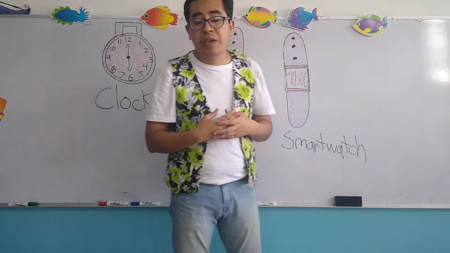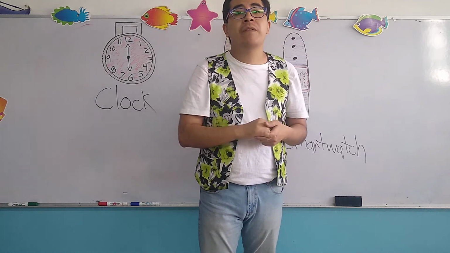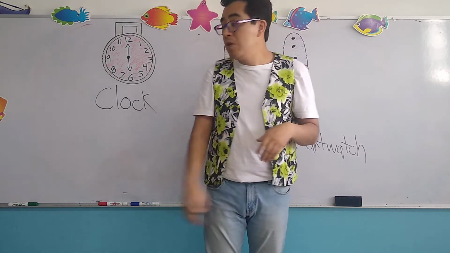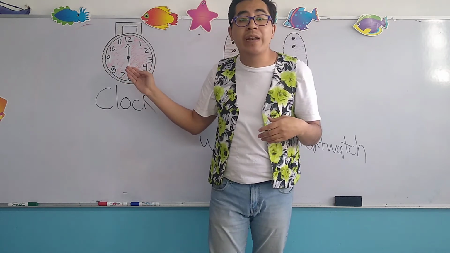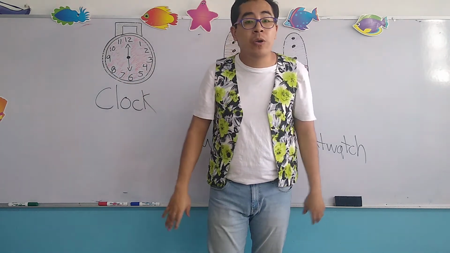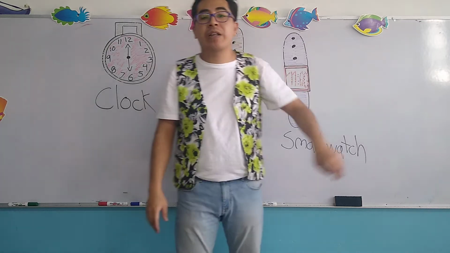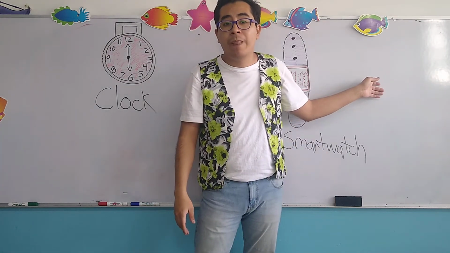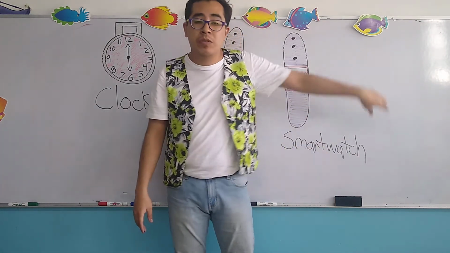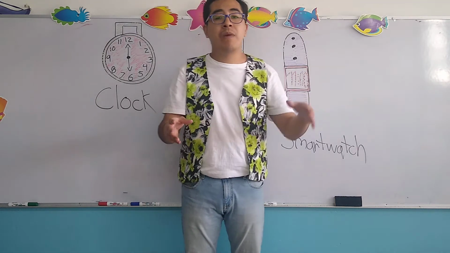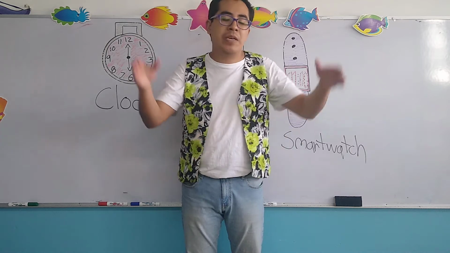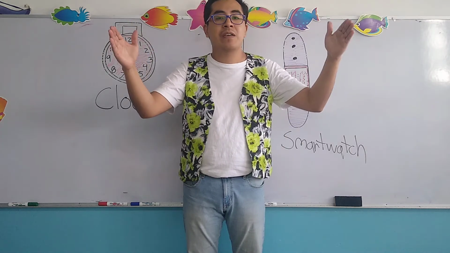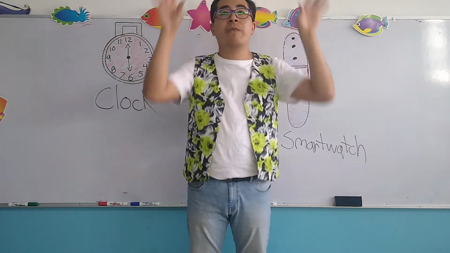Now, let's get back into the topic. Like I mentioned, we have three types of clocks, okay? The first one is a properly named clock, and it's the one that is located on the wall. It's the one that goes stuck in the wall. Es el que nosotros colocamos en la pared, okay? Normally, a clock this size, un reloj de este tamaño, is big, so all of us can see it.